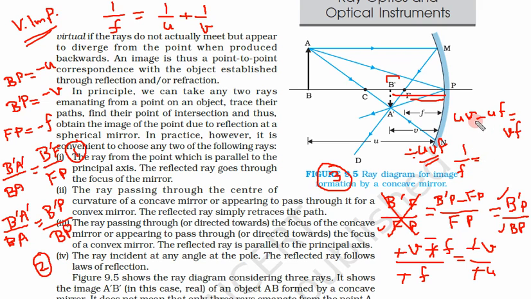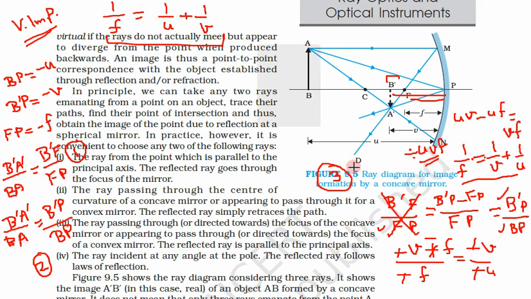This is equal to minus 1 by v. This must be equal to this side. If we divide, we get 1 by u. So let us take 1 by v on the other side, so this will become plus. So what we get? Our mirror equation: 1 by u plus 1 by v is equal to 1 by f. 1 by f is equal to 1 by u plus 1 by v.